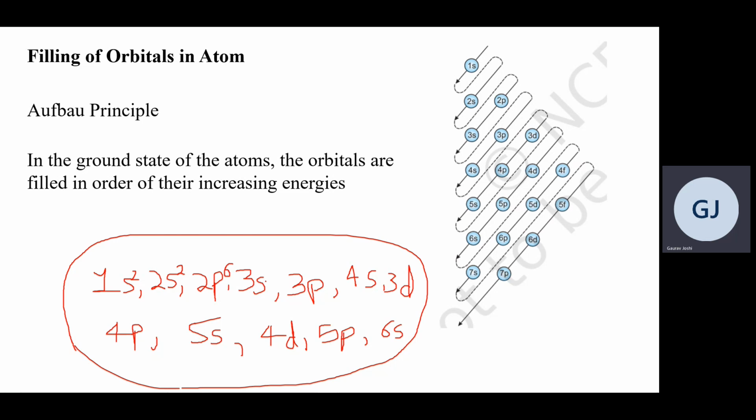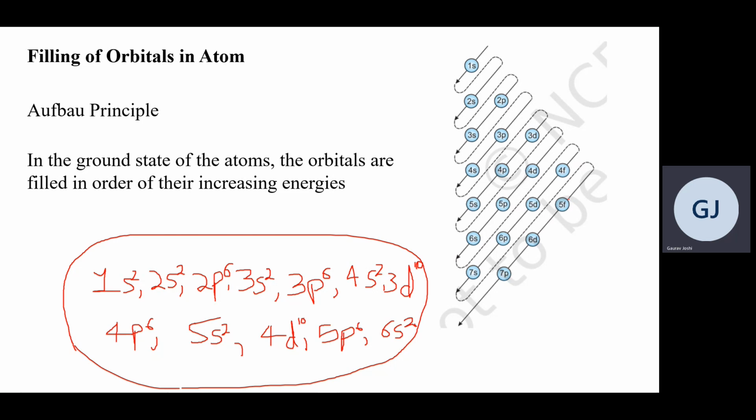Then again s has 2, then 3p, where p has 6. 4s again has 2. Now we have d, which can have a maximum of 10 electrons. P again 6, s again 2, d again 10, p again 6, s again 2.